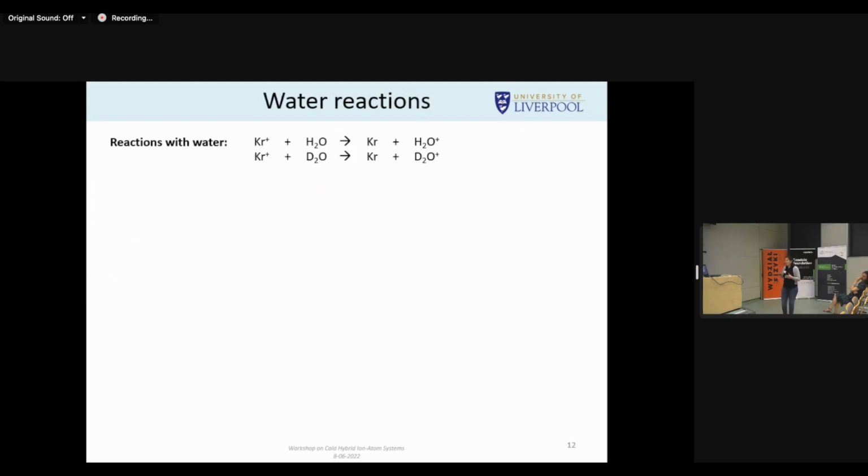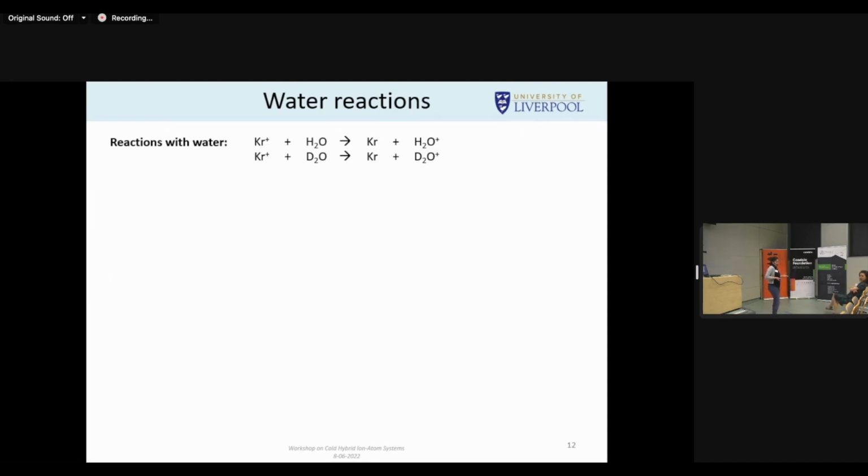So after having done those reactions, we asked ourselves, okay, is it something that we expect to see in many reaction systems? For example, Heather mentioned before that they suspect they might be seeing an inverse kinetic isotope effect in some of their systems. So we have changed the rare gas species. We have done 3 different ions, so it's time to go to a different molecule.